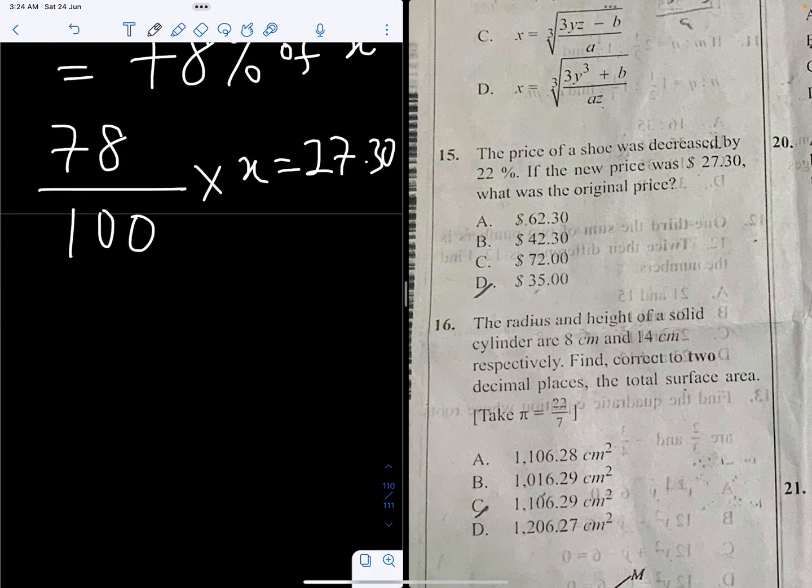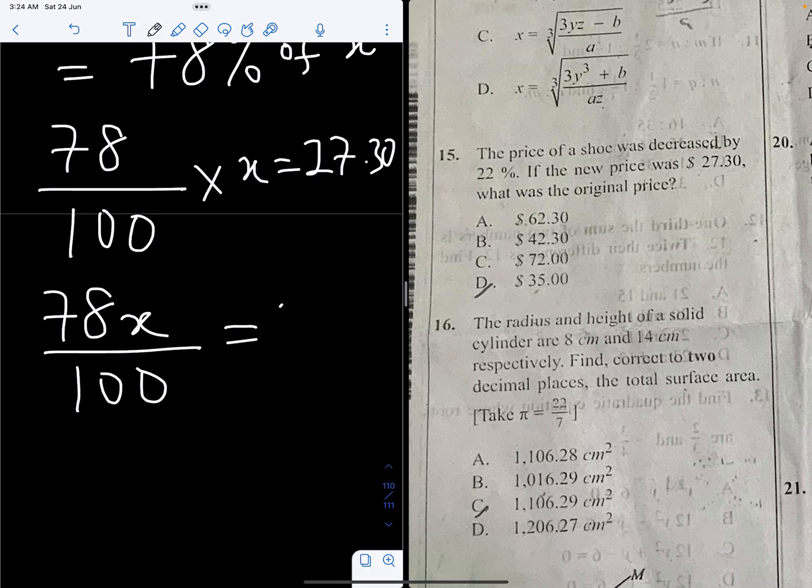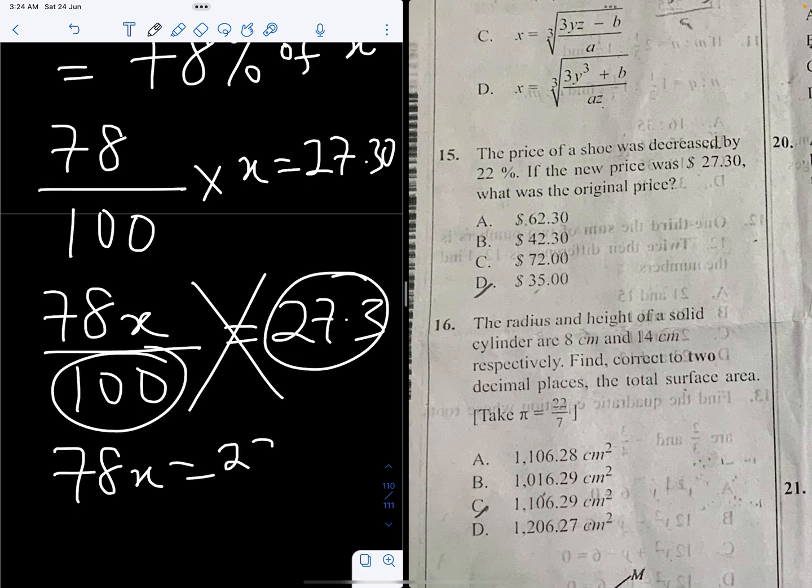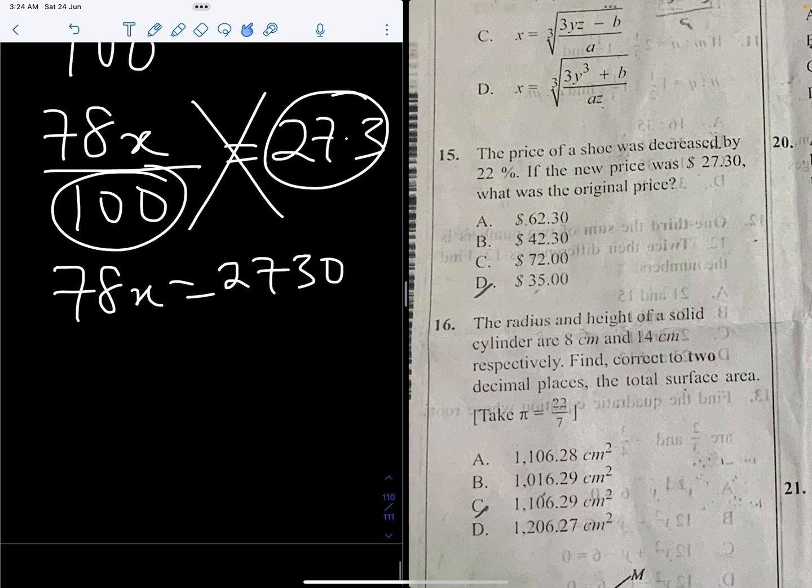So this simply means 78x over 100 equals 27.3. Now we cross multiply, and that means 78x equals 100 times 27.3, which is 2,730. And now we divide both sides by 78 to get x.